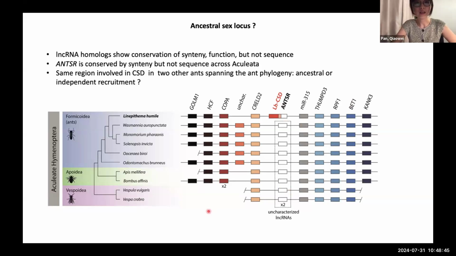We also know that in 2 distantly related ant species, this locus is involved in sex determination, and also in a non-ant Hymenoptera. This could be repeated recruitment, but more parsimoniously, we think this locus containing the non-coding RNA ANTSR is likely the ancestral sex locus for not only ants, but other Hymenoptera as well.